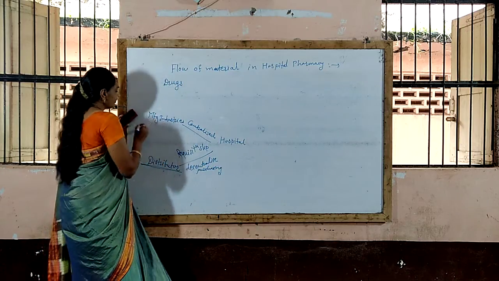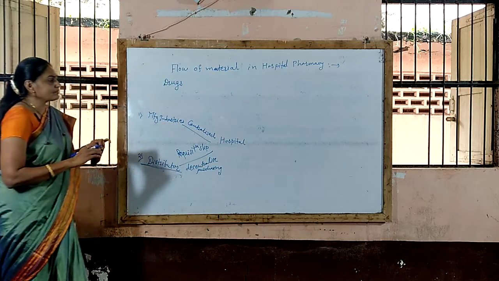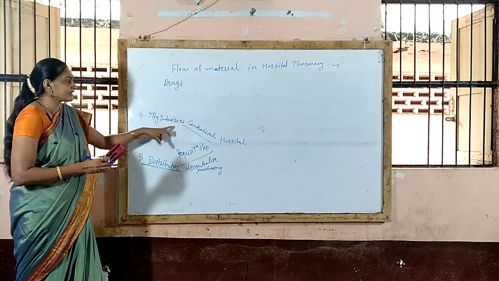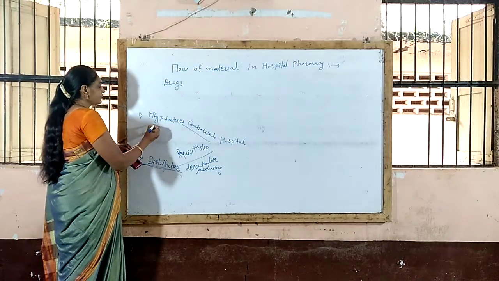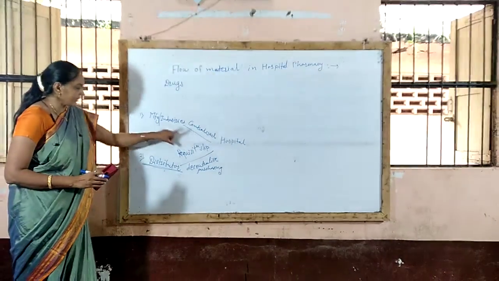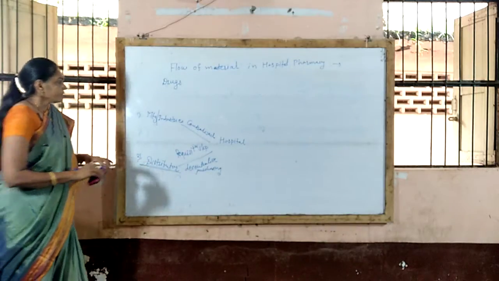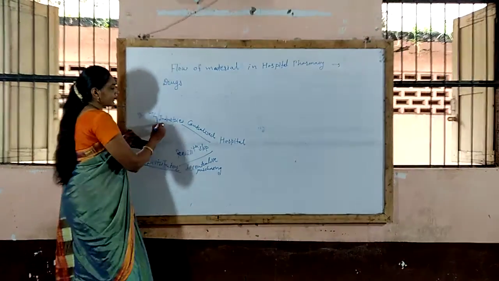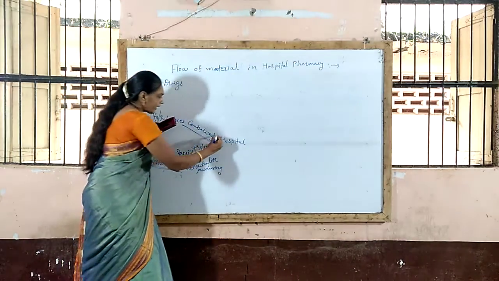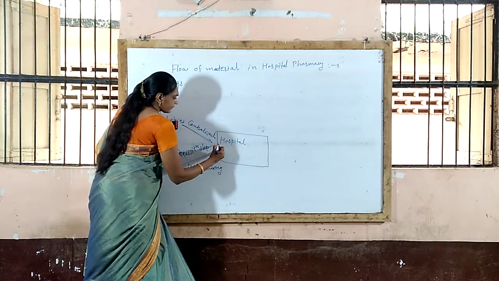So in both ways the drug comes inside the hospital. If it comes directly from industry, it is called the centralized process, where the drug is reserved inside the hospital.